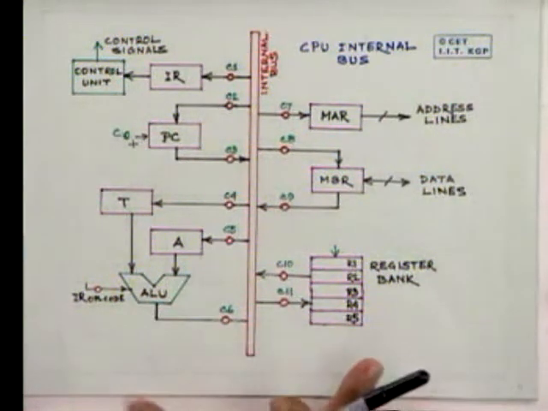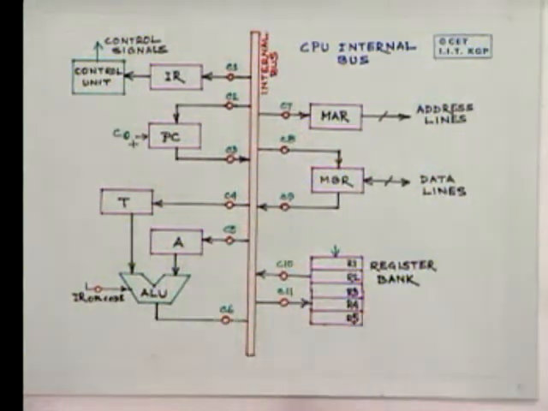Now, with this structure specified, and the mode of data transfer between register and register understood, we should now discuss how the instructions are fetched, the operands are fetched, and the instruction is executed.